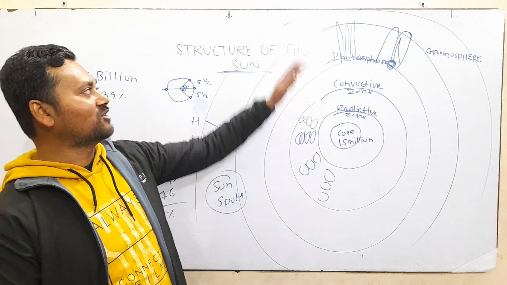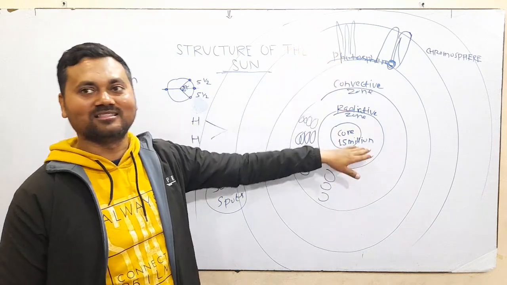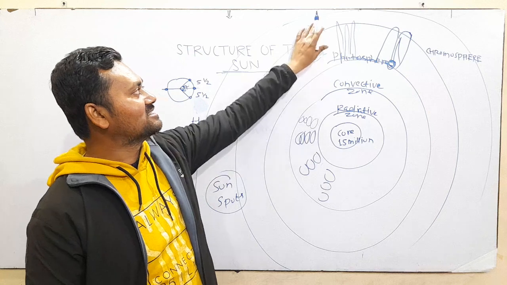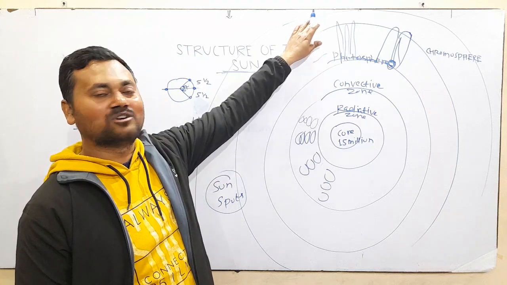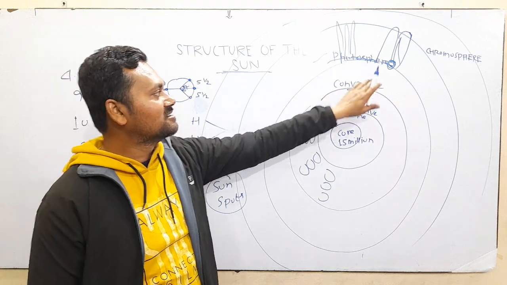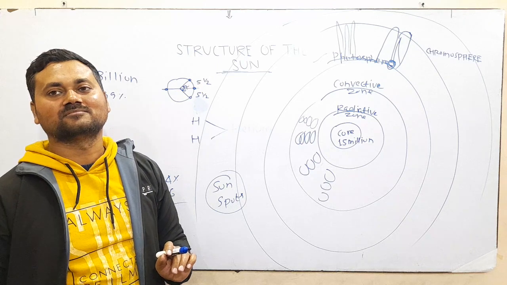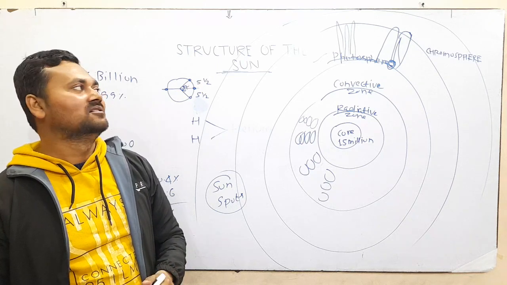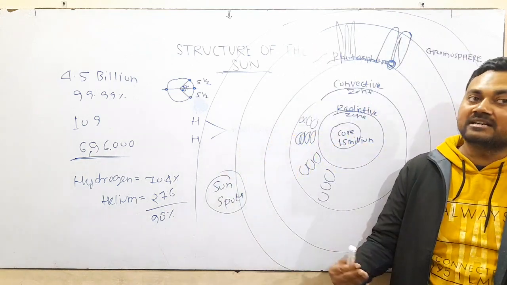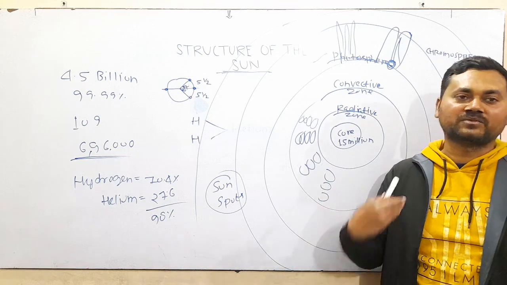I am not saying that corona would have the maximum temperature in comparison to all these layers, but certainly the corona has more temperature than the photosphere and the chromosphere. So these are the important layers of the sun, which design the structure of the sun.